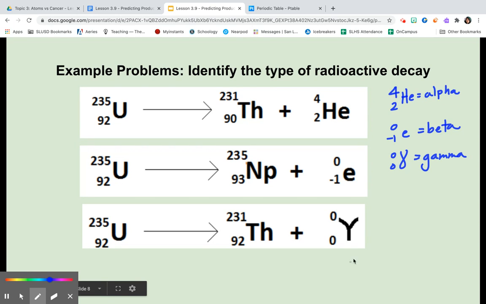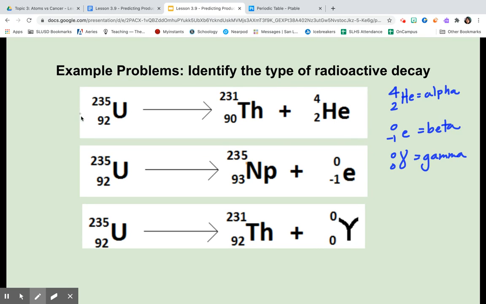Okay, so I'm going to use the same principle from the previous slide to help me figure out what type of radioactive decay each of these nuclear equations is. Mainly I need to figure out: is this equation alpha decay, beta decay, or gamma decay? The way I can tell is just like what we did before.